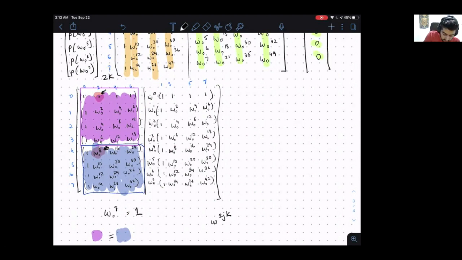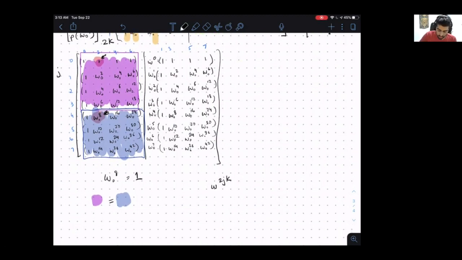And the row is going to be j. So we know that the value in that entry is just omega to the row times column, so omega to the 2jk. And let's also consider omega to the 2j prime k, where j prime is equal to j plus n over 2.